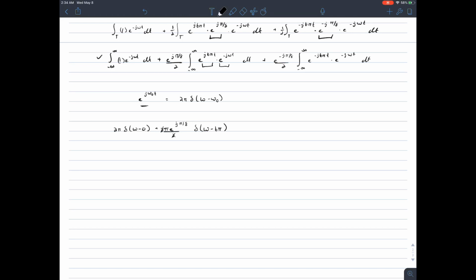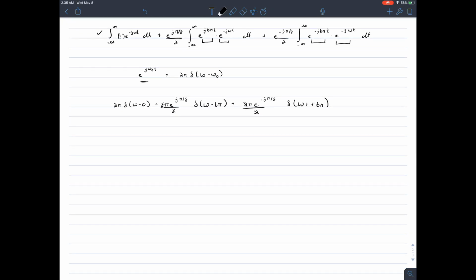Plus 2 pi e to the negative j pi over 8 divided by 2. These cancel out again. And then this right here is going to be your omega, and you're going to be minusing a negative 6 pi, which is going to turn into a positive 6 pi. Okay, so delta of omega minus negative 6 pi turns into positive. Okay, and let's simplify it.